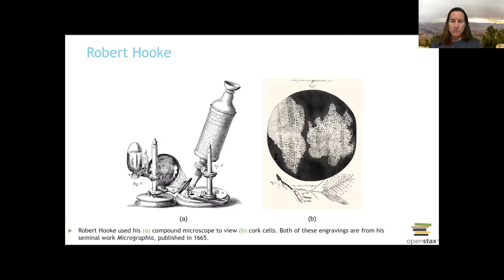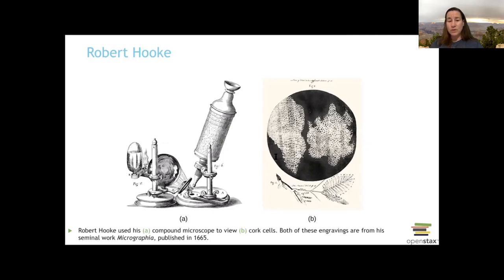And so he noticed in these plant slices and the slices of cork that they had the same structures. He kept seeing the same kind of structure in everything. And so he likened it to the rooms that monks are assigned, where the monks live and sleep at night, which is called a cell. And so that's what he called them because he saw them.